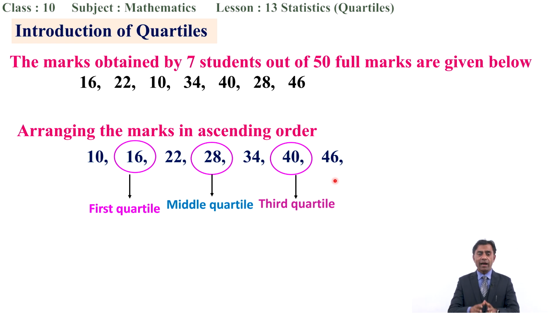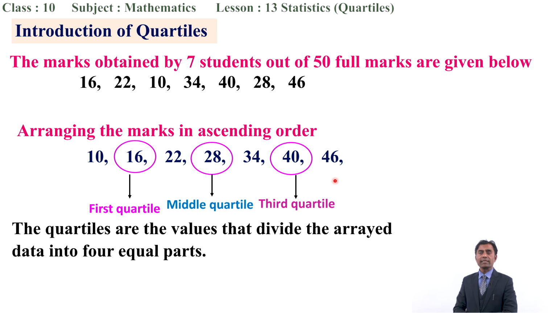So how is first quartile defined, how is second quartile Q2 defined, and how is third quartile Q3 defined, and overall what are quartiles? We can write that quartiles are the values that divide the array data into 4 equal parts.